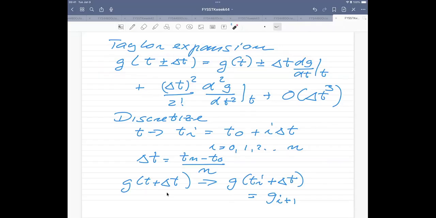Now, in principle, if you want to be a little bit picky, we should change the symbol g, because g is not going to be the same g, since it's a discretized one. But when we make the step delta t smaller and smaller, the hope is that this g, which we have discretized, approaches the true g value. If you go to a standard book in mathematics, you will see that the notation for g is often changed to another symbol, simply because g discretized is not necessarily the exact g. But we are just going to keep the same symbol here.